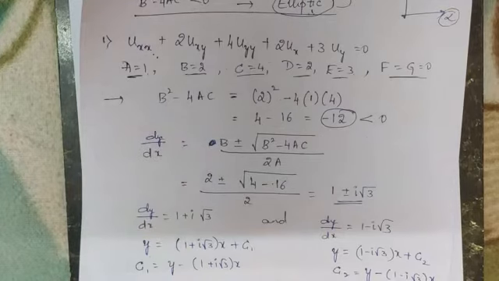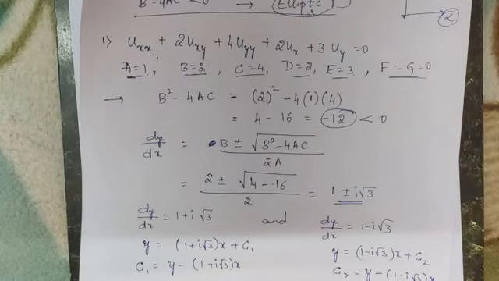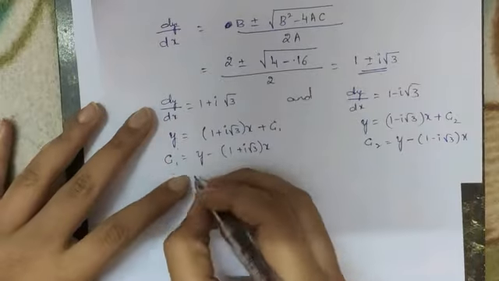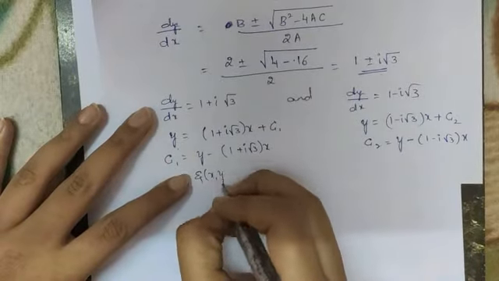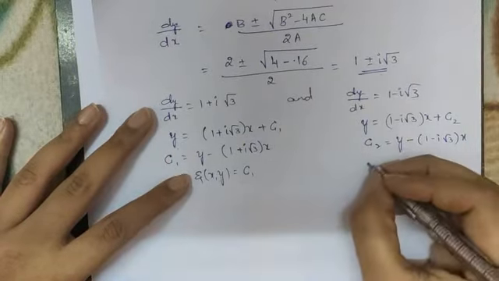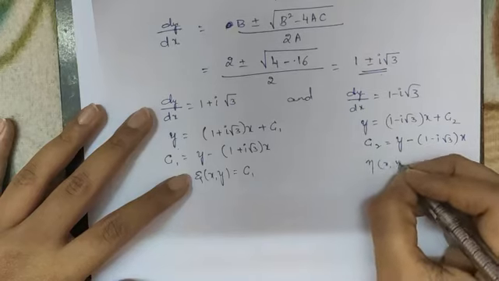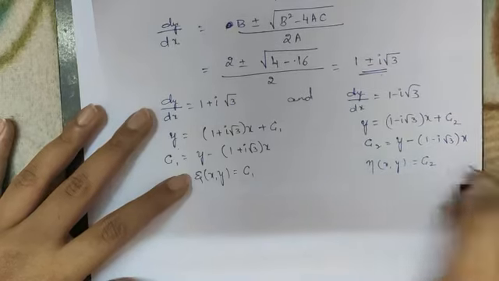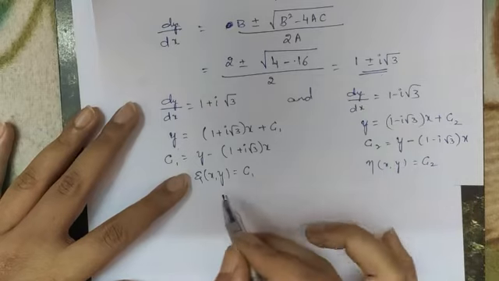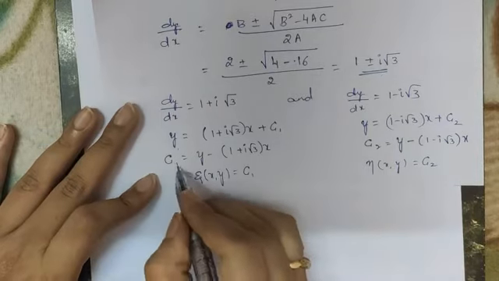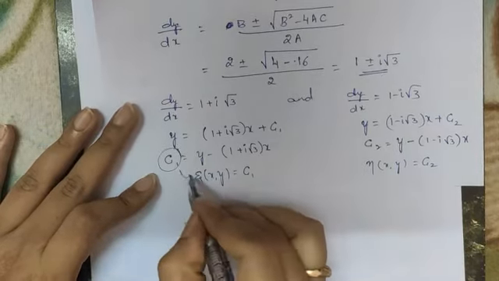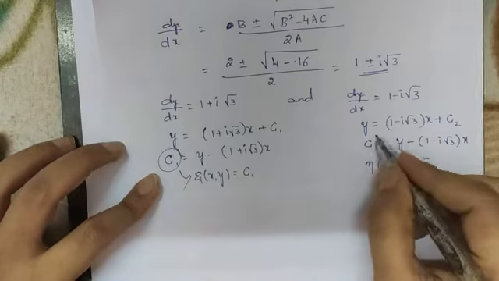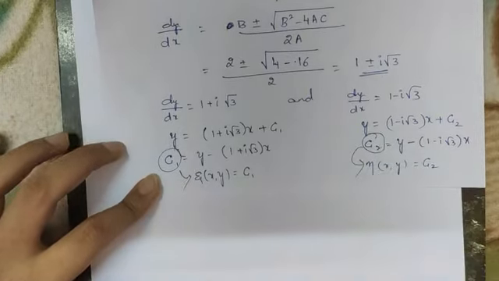So we have seen in the derivation part, that in the case of b square minus 4ac equals 0, greater than 0 as well as less than 0, the slope of the curves will be xi of x comma y is equal to c1 and eta of x comma y is equal to c2, real or complex, right? So what I will do is I will consider this c1 as xi of x comma y and this c2 as eta of x comma y.